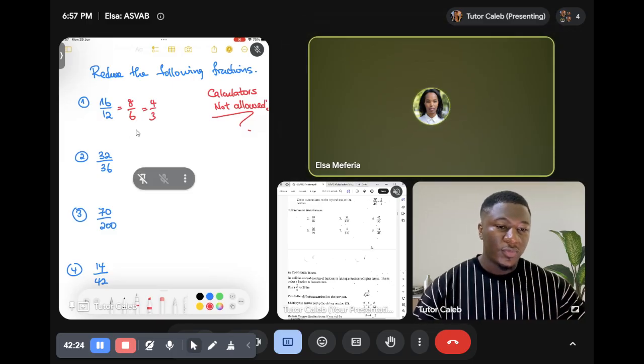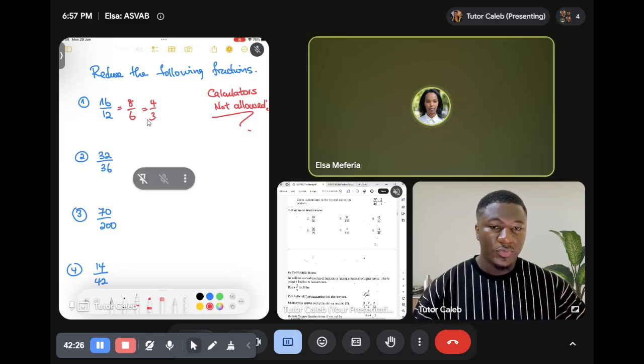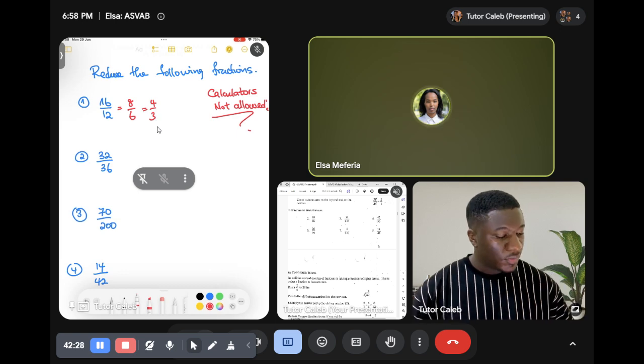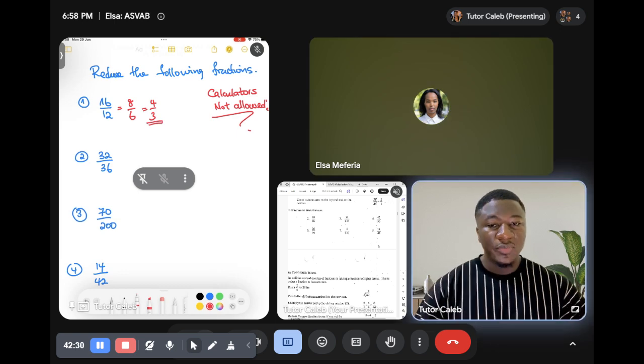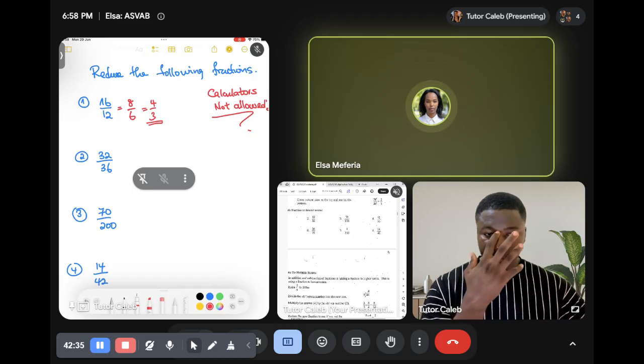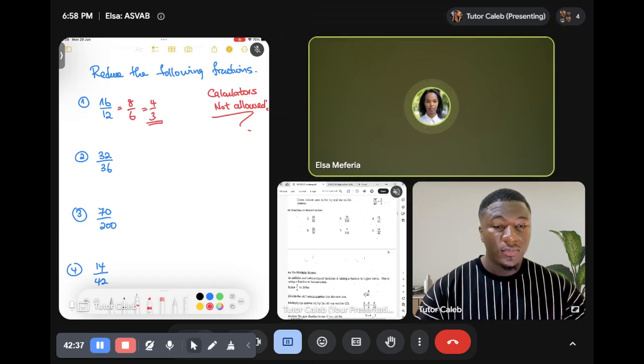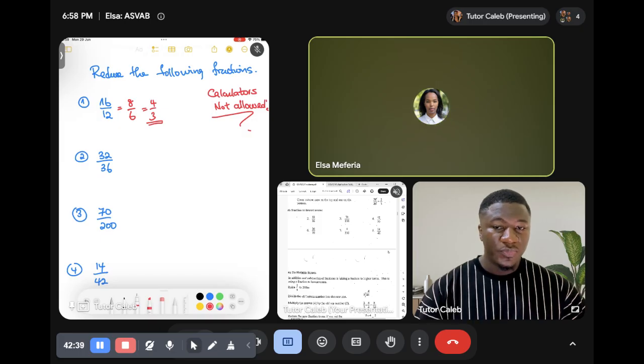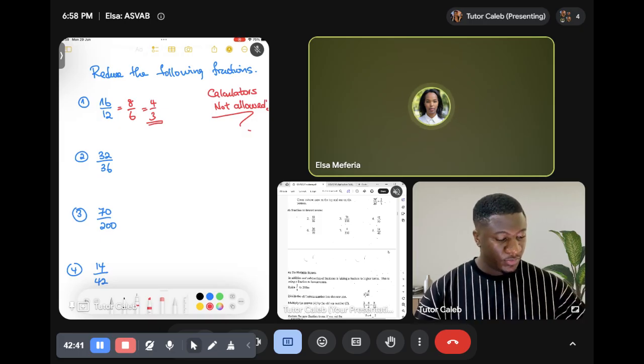Okay. And then I can't go more than that, because the top one I can divide by 2, but the bottom one I can't divide by 2. It becomes a fraction, right? So I could divide up to the number that could be divided.